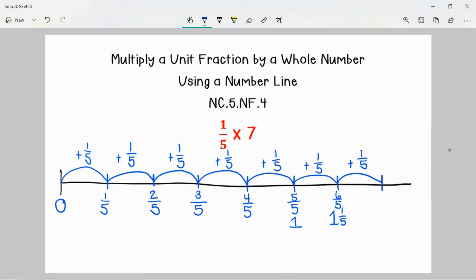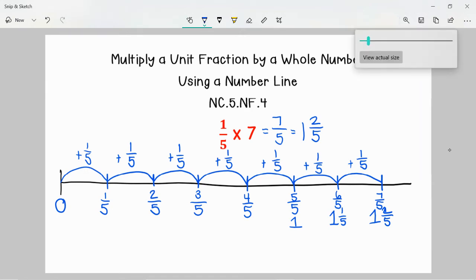I know 6/5 plus 1/5 would be 7/5. Or another way I could say that is 1/5 more than 1 and 1/5 would be 1 and 2/5. And so here we can see that 1/5 times 7 is equal to 7/5, or 1 and 2/5.